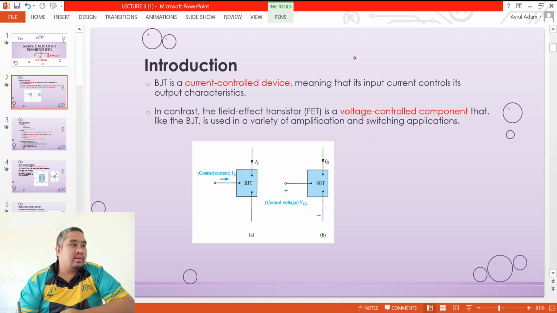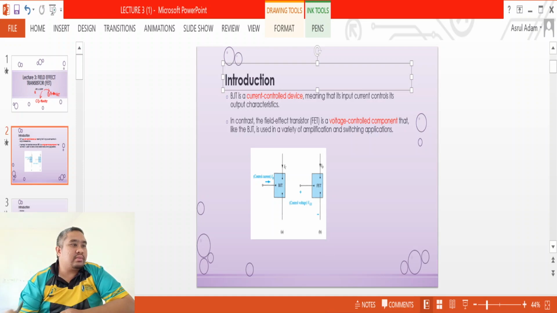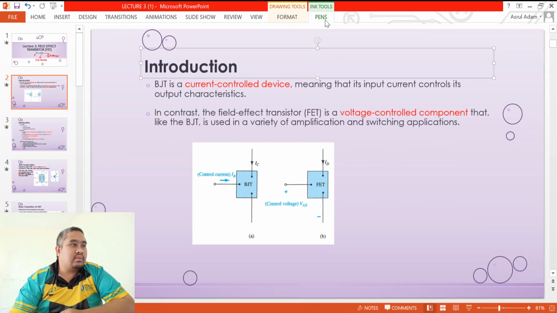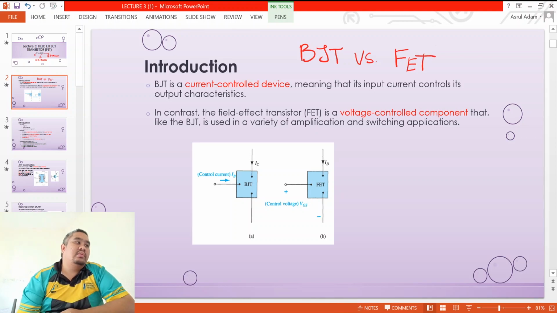Class, what we have learned before, BJT, is actually a current control device. It means that the input current controls its output characteristics.